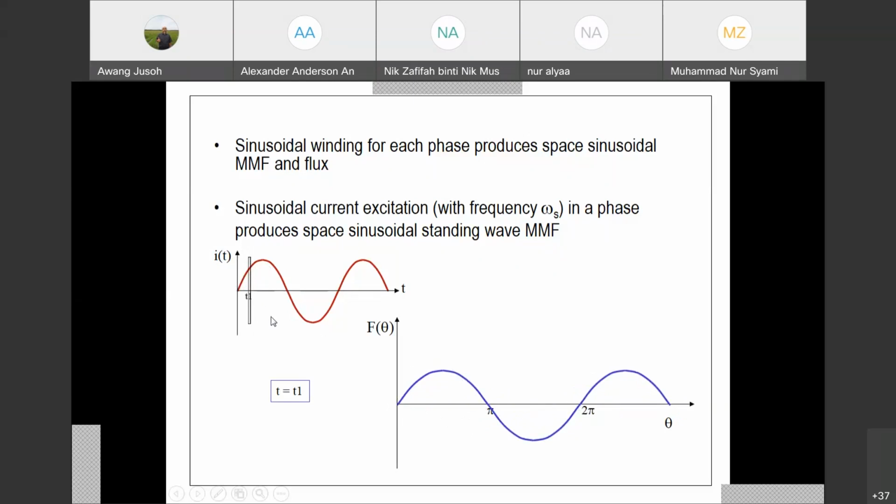If T equals T2, maximum current, the flux is maximum. And if T2 becomes T3, half again, positive half, then you get half back like that. And when T4 equals 0, back to 0, there is now 0 flux produced in the machine.